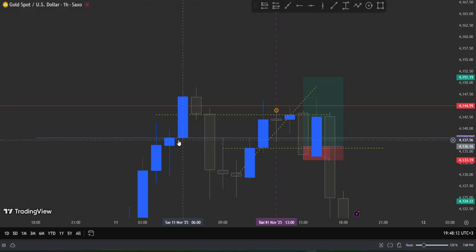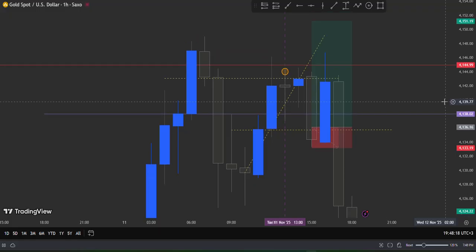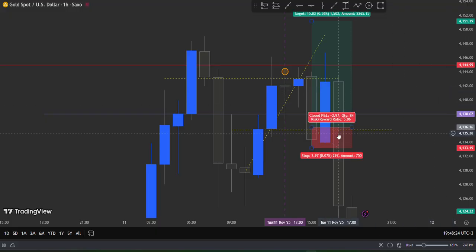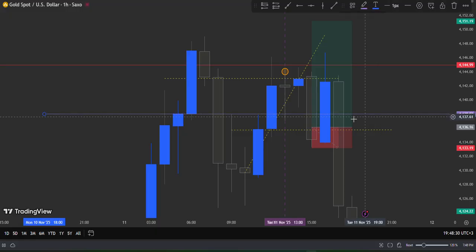It was a very good support zone, but since that one is a higher time frame point of interest, we go to other time frames like H1 to get a confirmation, to refine this zone, to get a zone below the higher time frame point of interest.